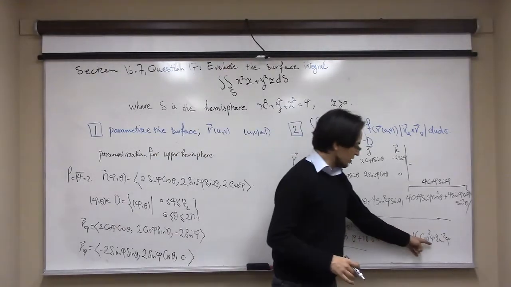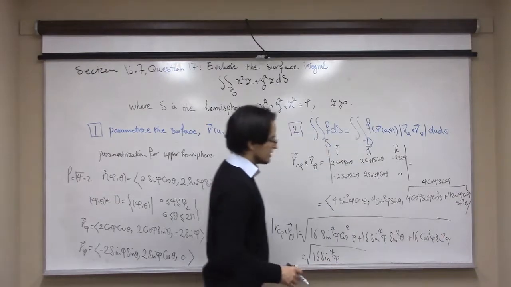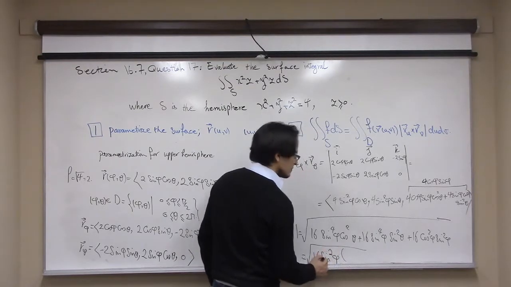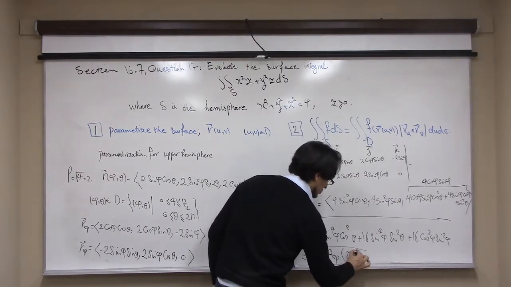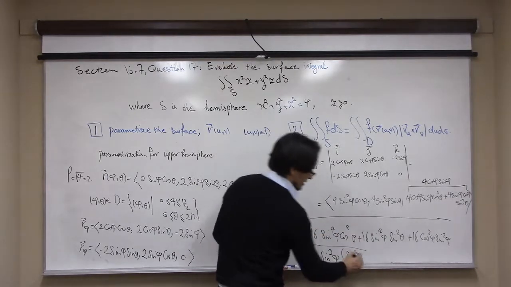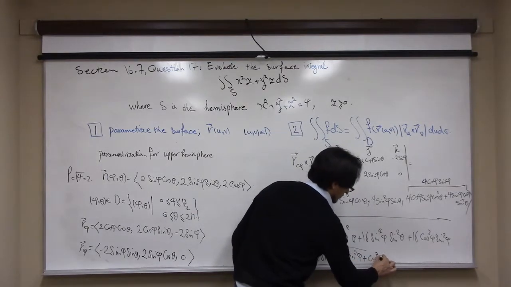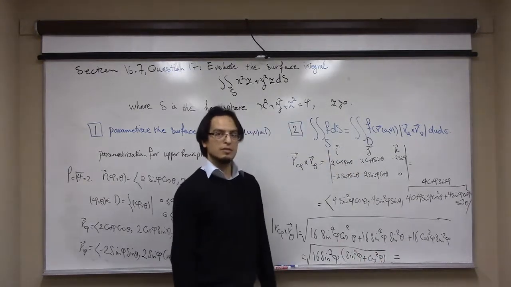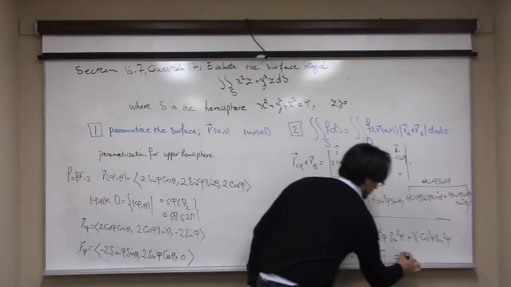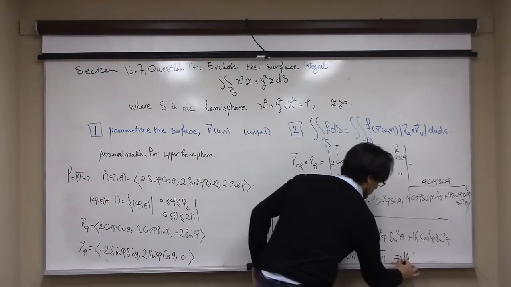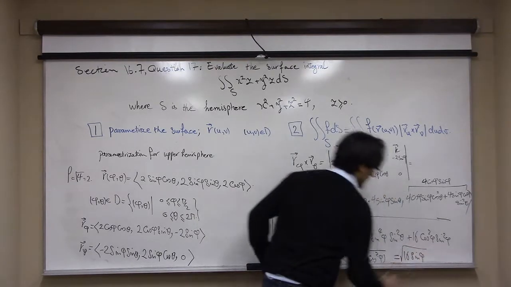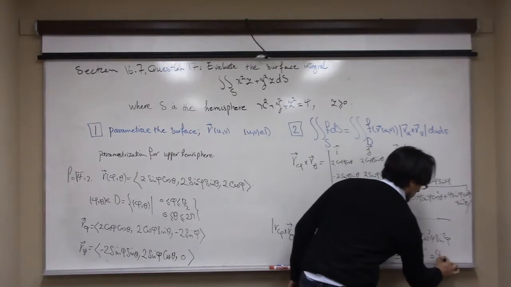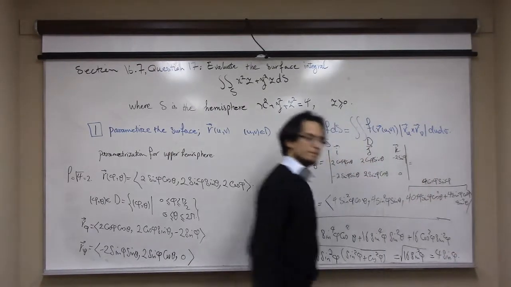Okay, and the third term, I can also factor out sine squared, and I get 16 sine squared phi times sine squared plus cosine squared. Then again, I have sine squared plus cosine squared equal to 1, and then factor out all these things. It is the square root of 16 sine squared phi, and it is equal to 4 sine phi.